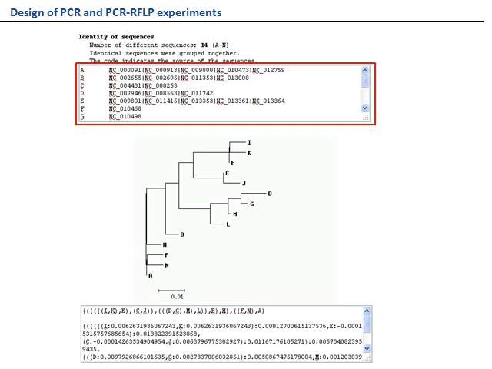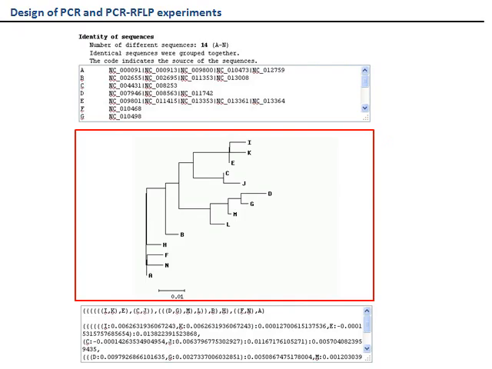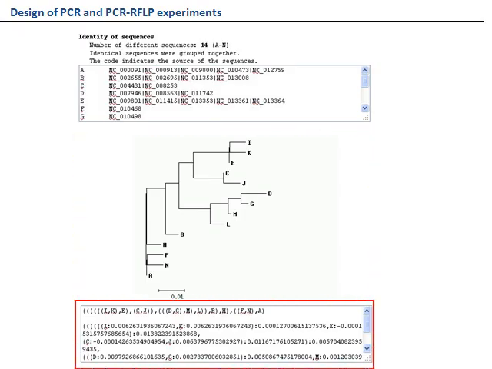For example, 5 amplicons are grouped as type A sequences, 4 amplicons as type B, and so on. On the same page, an image shows how the sequences are clustered by using the neighbor joining method, and next to the image, the clustering is shown as text. Additionally, computed distances may be retrieved.